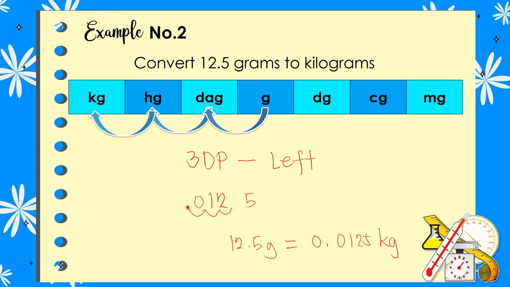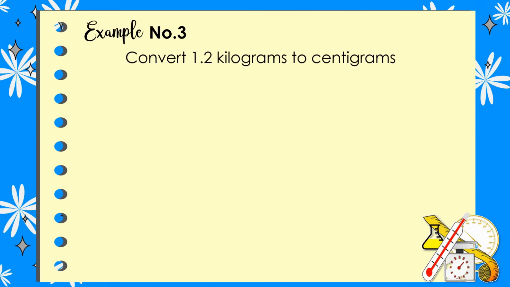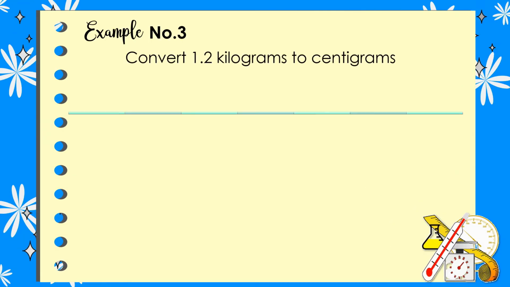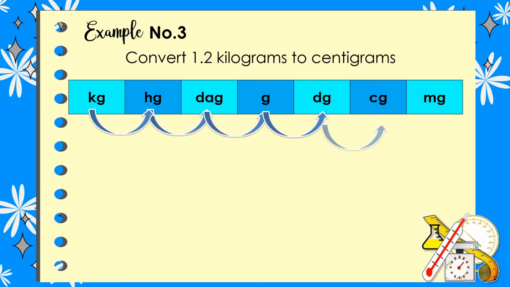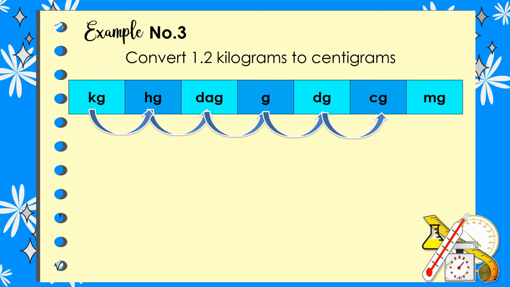Next problem. Convert 1.2 kilograms to centigrams. So, tingnan natin kung gaano sila kalayo sa isa't isa. From kilogram to centigram, we have 5 units away sila. So, that would be equivalent to 5 decimal places at ang ating direction is going to the right. So, i-write natin yung ating given. So, mag-move ng 5.